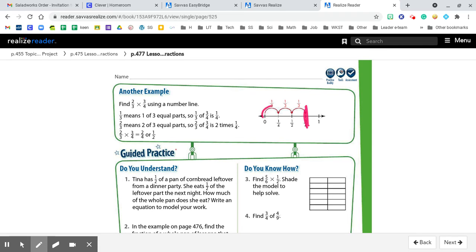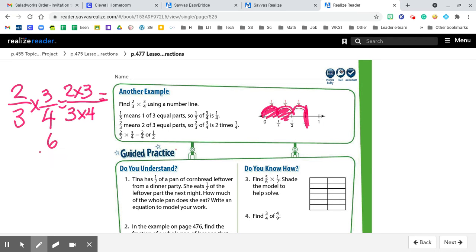We take that and divide it into thirds. And then we say we want 2/3 of 3/4. So we wind up with 1/2. And if you do the math, 2/3 times 3/4, and just use the numbers, remember, we multiply the top, multiply the bottom. So we wind up with 6/12, which is equal to 1/2.